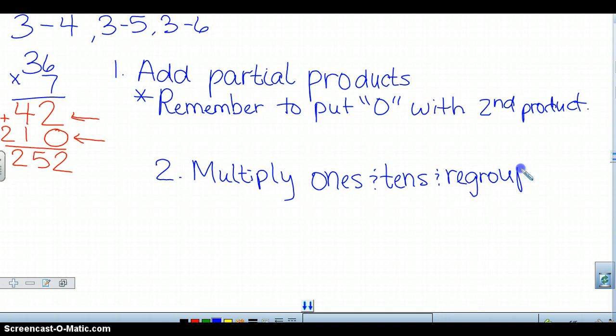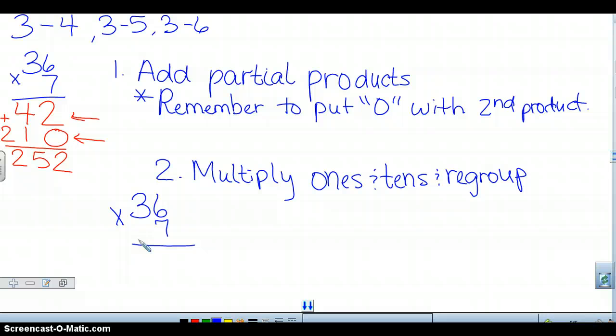Okay? If this second way is the way you were taught, and it's the way you're comfortable with, that's fine with me. But when I was going over this lesson, I had never heard of the first method of partial products and adding them. And it worked out. It's kind of neat. And if it's something you want to try, that's fine.